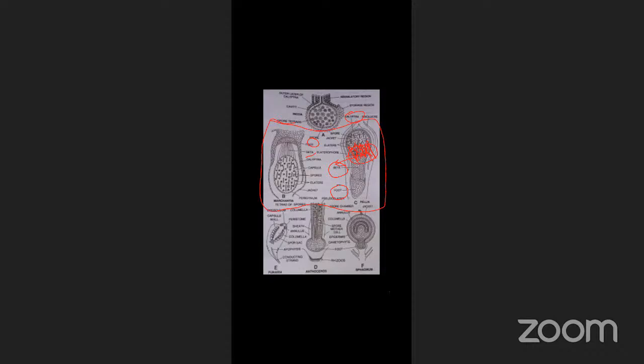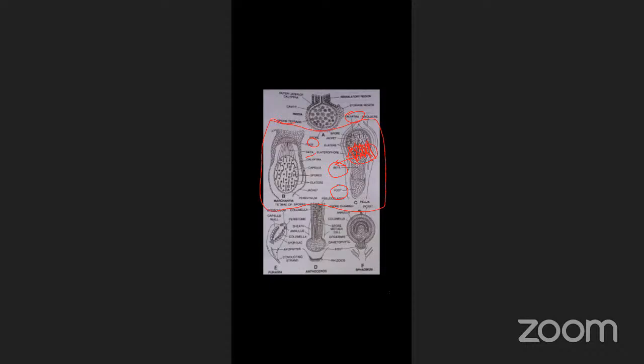The androgonial cell and androgonial mother cell divide into androcytes and finally antherozoids.